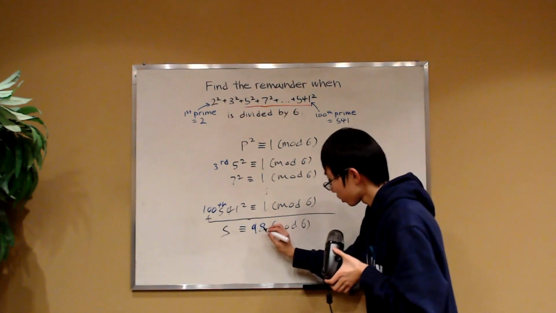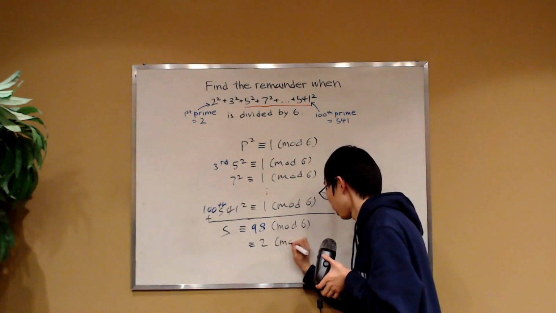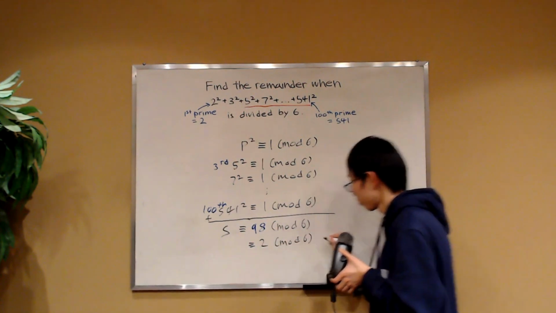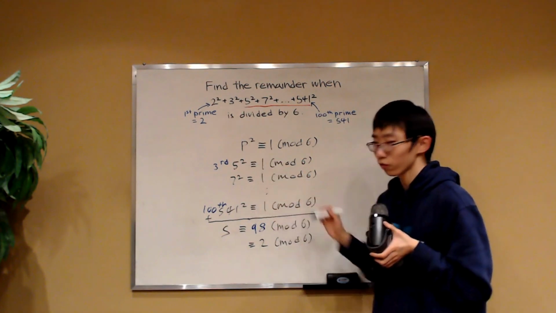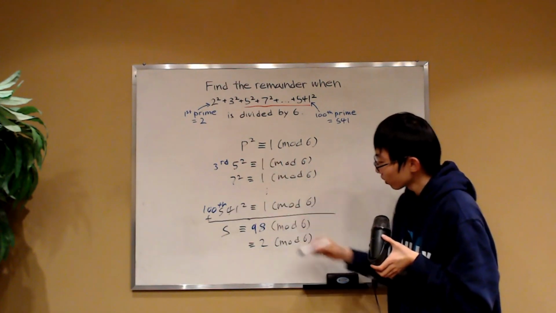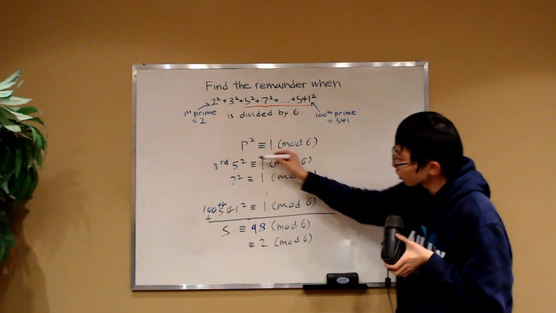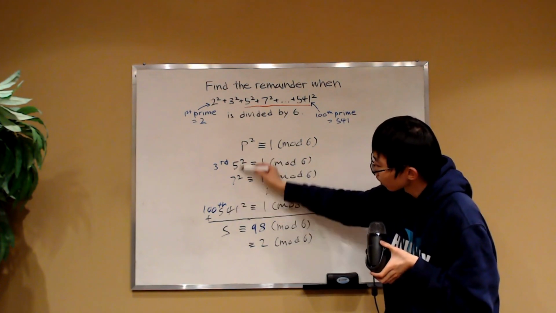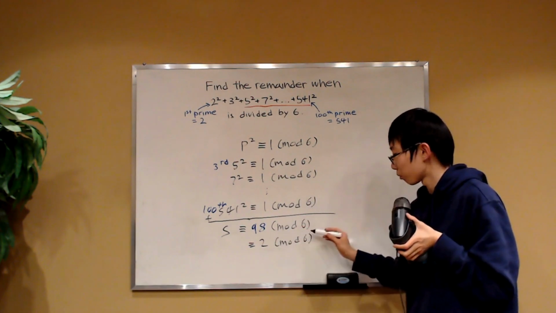So 98 is congruent to 2 mod 6. And there we go. The sum from 5 squared to 541 squared of the prime squares is congruent to 98, which is congruent to 2 mod 6. So this entire sum leaves a remainder of 2 when divided by 6.